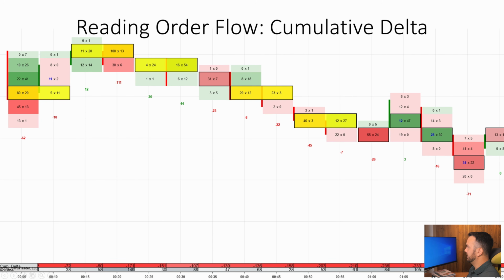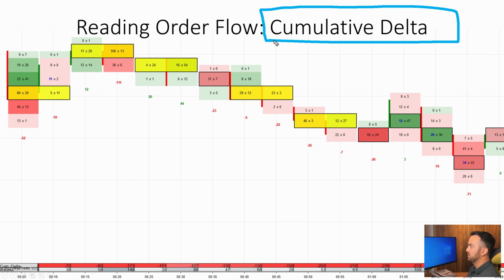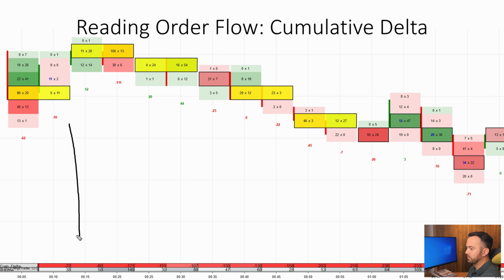Now, speaking of delta, I also like to use the cumulative delta, which is nothing else than how the delta was developing since the start of the day, right? So if you look at this picture here, then there's a summary right here at the bottom of the screen, and in here it shows the cumulative delta. So the first footprint of the day was delta minus 62.